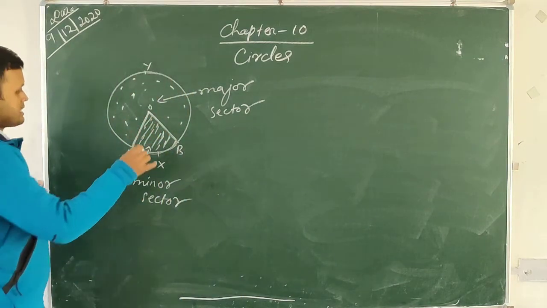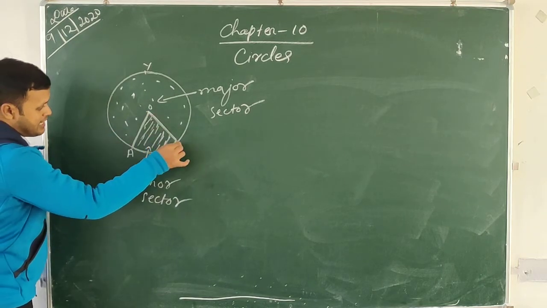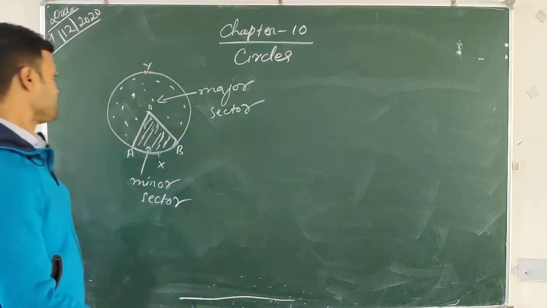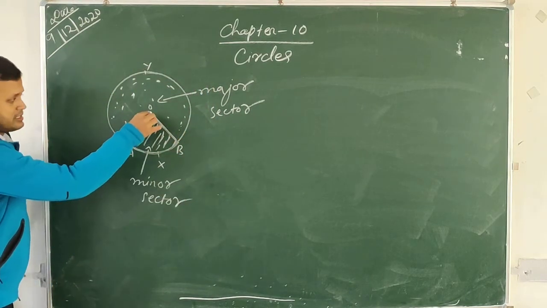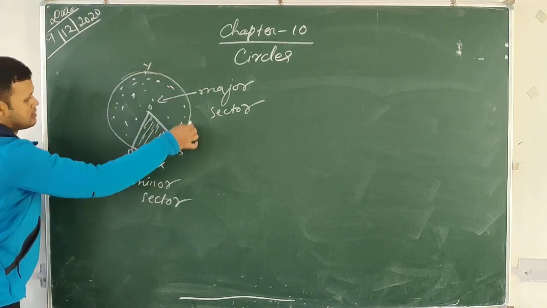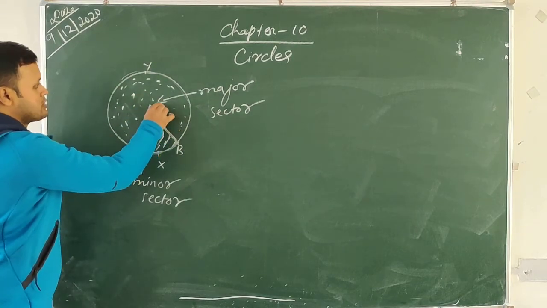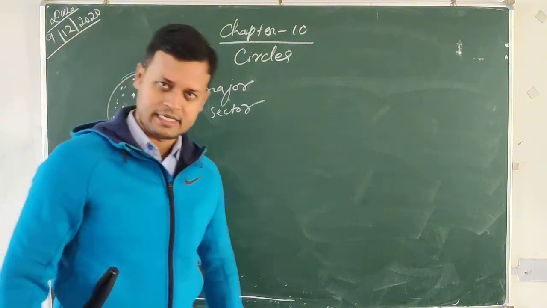So the region enclosed between two radii and an arc is called the sector of the circle, and the remaining part is also a sector. See the remaining part. This is one radius, this is another radius, and this is one more arc. So this part also will be a sector. But this is the bigger sector, so it is called the major sector, and this is the smaller sector, so it is called the minor sector.